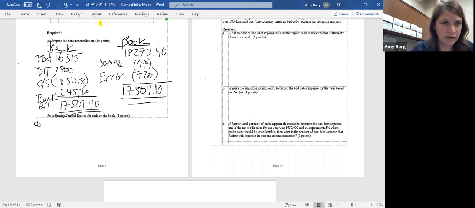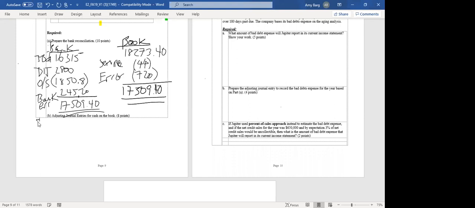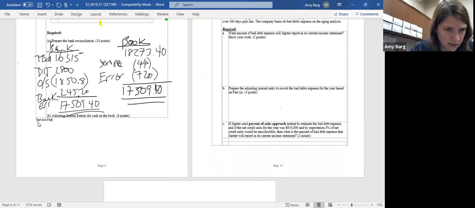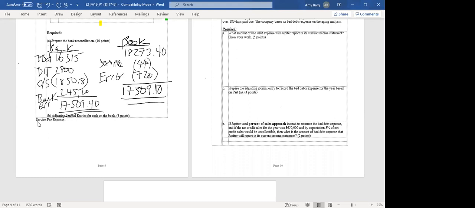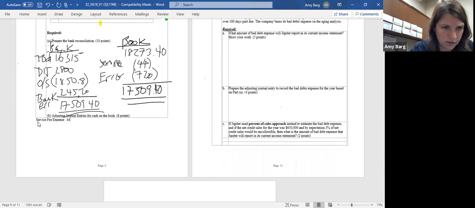So in this case, we have a service fee expense for, how much was it? $44. And so we need to make sure that we credit cash for $44. And the other thing that we had to deduct out of our book was that error, right?